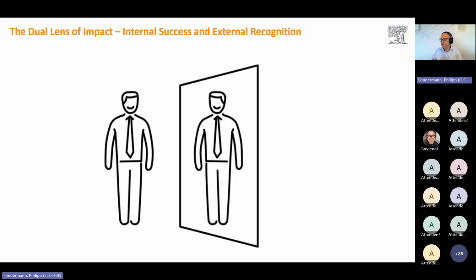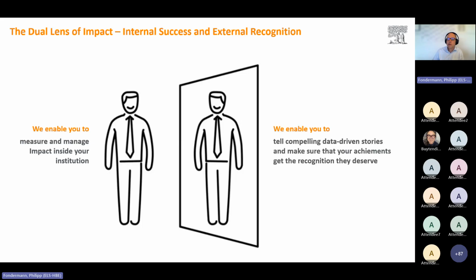I hope we could explain how important it is to, on the one hand, look at yourself and proactively get better in creating, fostering, actually developing an impact on society. That would be the internal lens, but also how important it is to make some noise about it, right? Tell your story, do good things and talk about it.